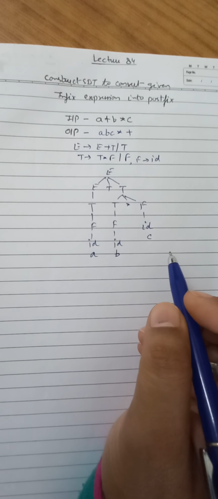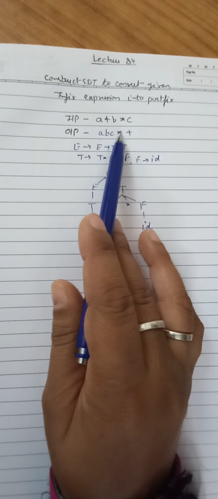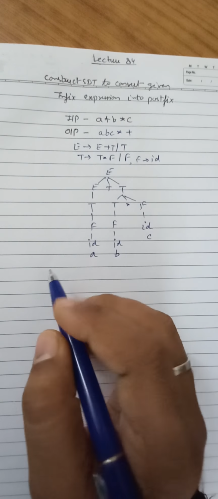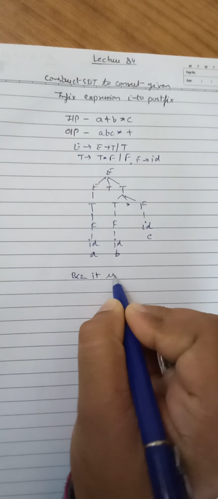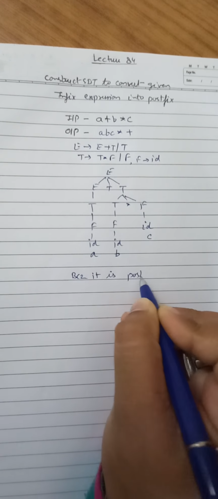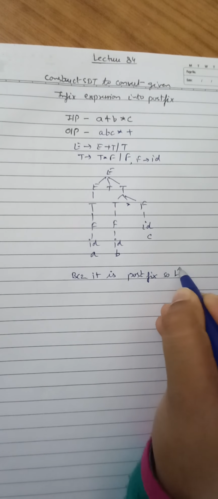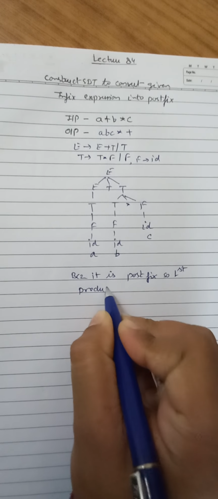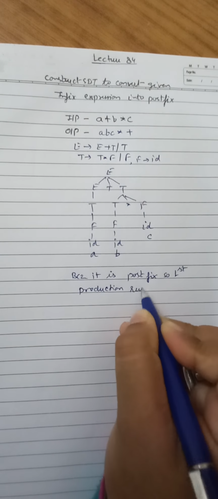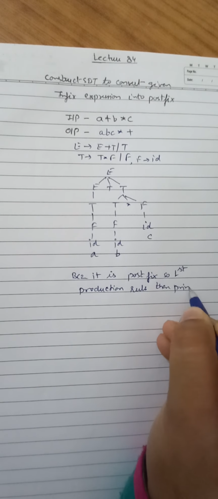Because it is postfix, what is the output we are asking? Infix to postfix. So first production rule, then we'll do print.